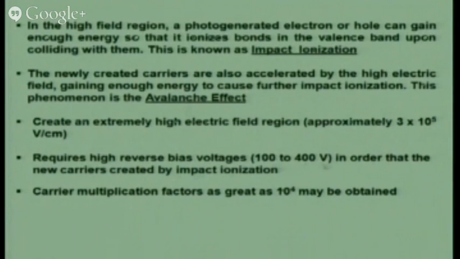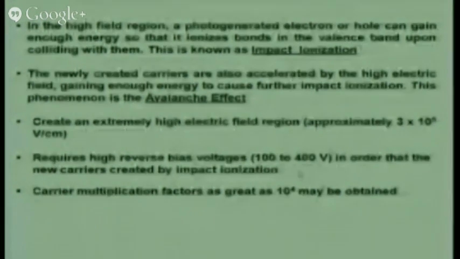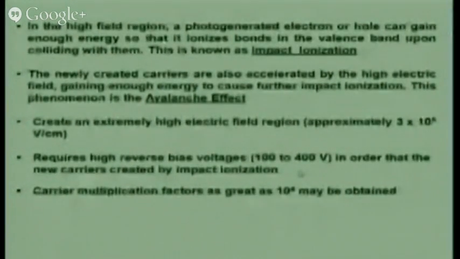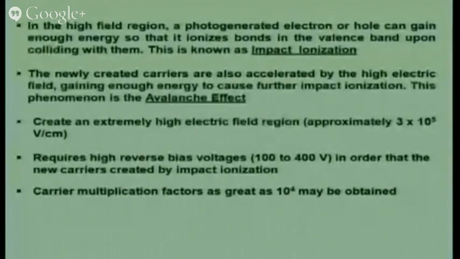The reverse bias used is of the order of 100 to 400 volts, and a carrier multiplication of the order of 10 raised to power 4 can be achieved. That means one photon gives me 10 raised to power 4 electrons in the system. So when we use such a detector, I don't need amplification at the op-amp level.